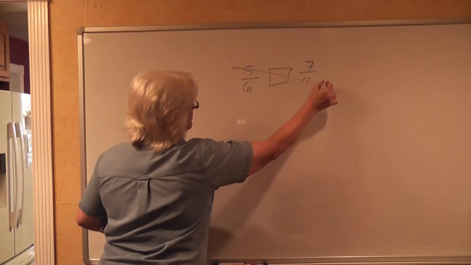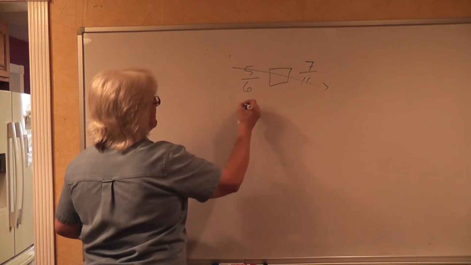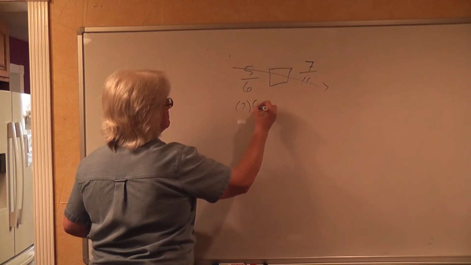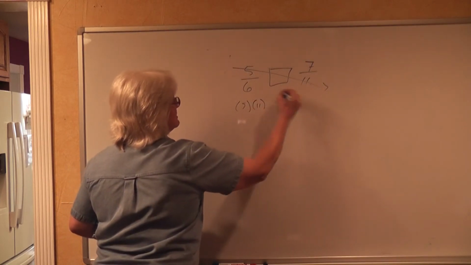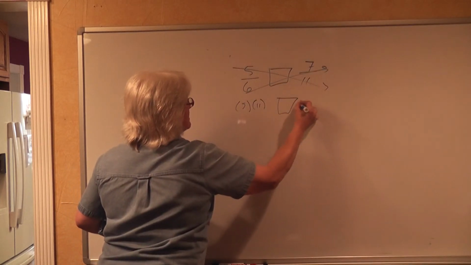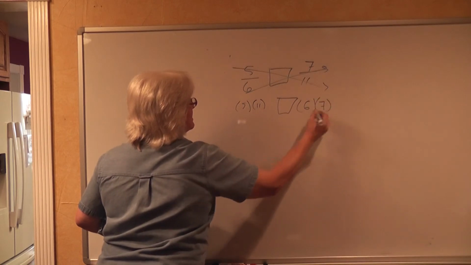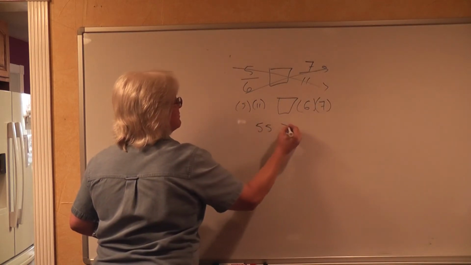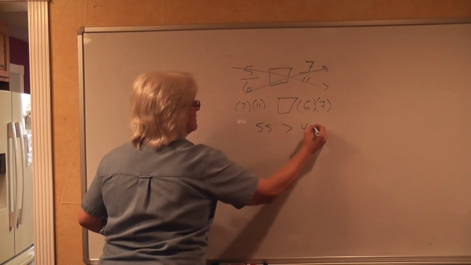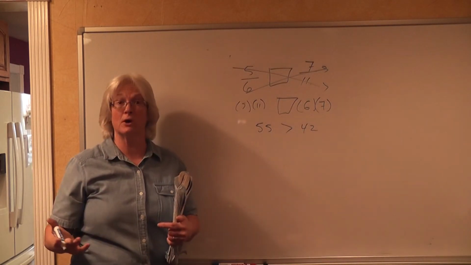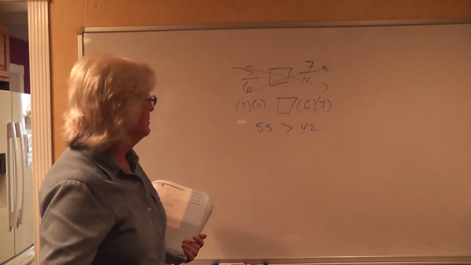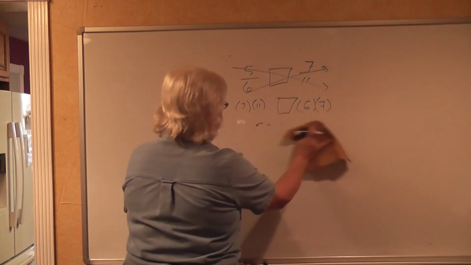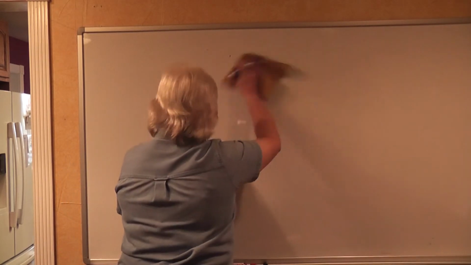But we'll do our cross products. 5 times 11, we're going to see how that relates to 6 times 7. And you see that 55, of course, is greater than 42. This is all you have to do to compare these problems using cross products.